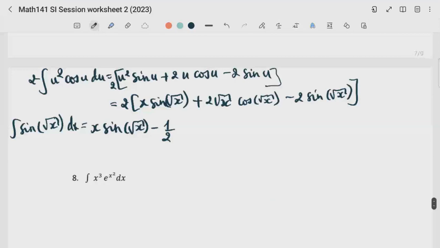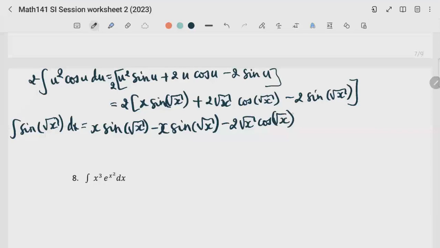Minus x sine root x minus 2 root x cos root x plus 2 sine root x. So the x sine root x terms will cancel.